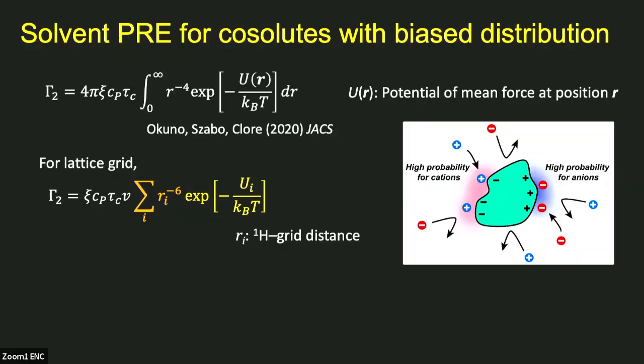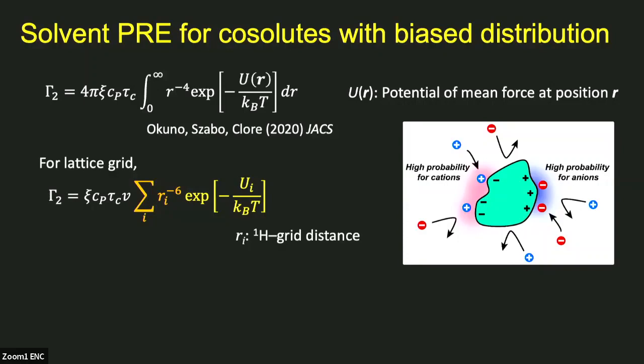Okay, so actually that question is answered in the previous paper by Marius Clore's group. And for example, concentration effect of the co-solutes are already taking care of that. So it's not really the issue.